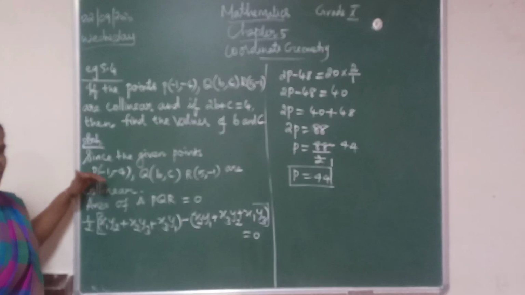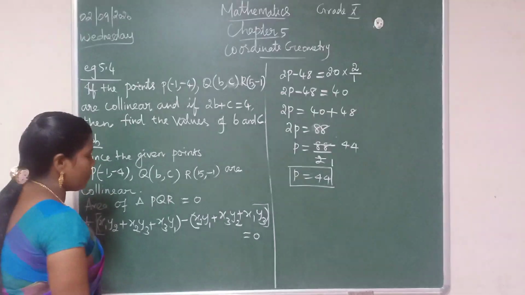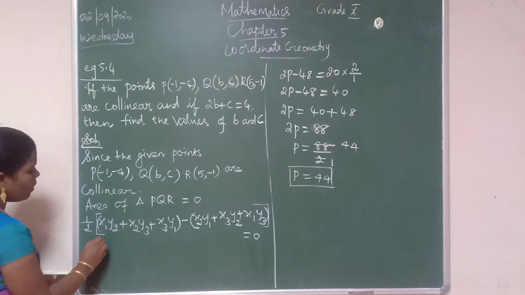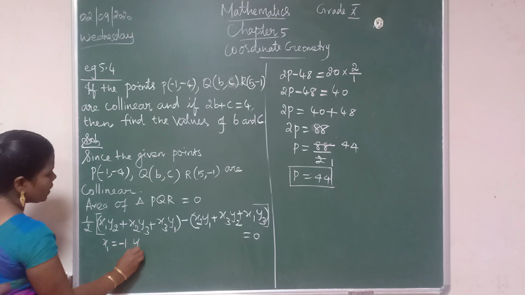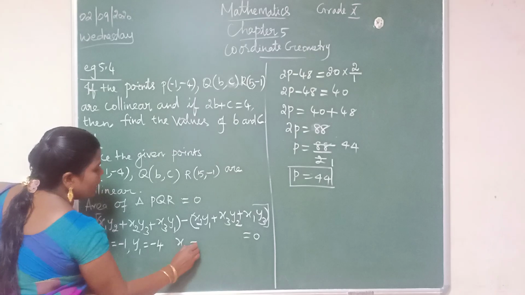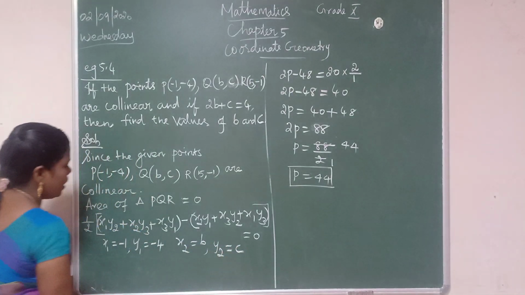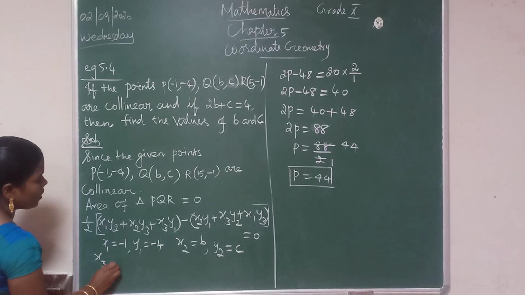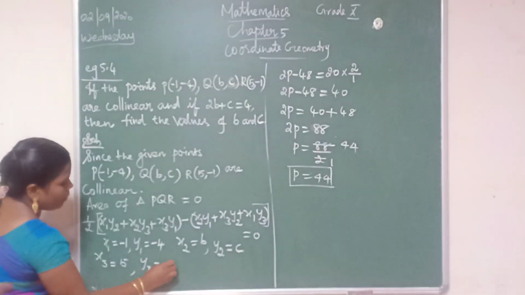From the given points, let's write the x1 y1, x2 y2, x3 y3 values separately. x1 is equal to -1 and y1 is equal to -4. x2 is equal to b and y2 is equal to c. x3 is equal to 5 and y3 is equal to -1.